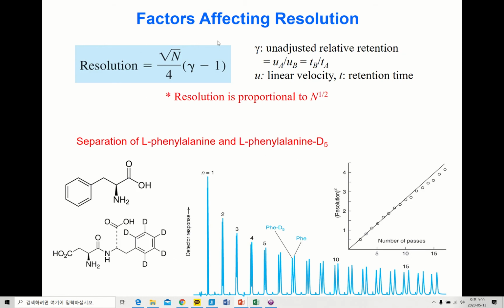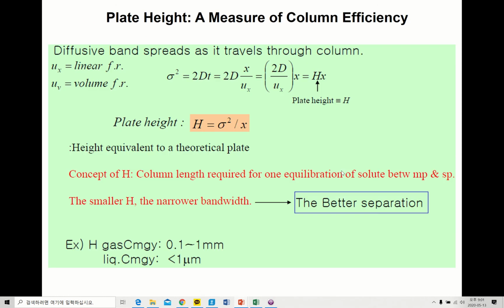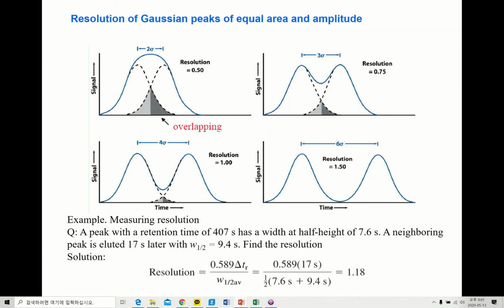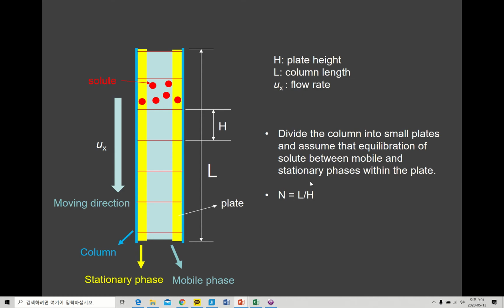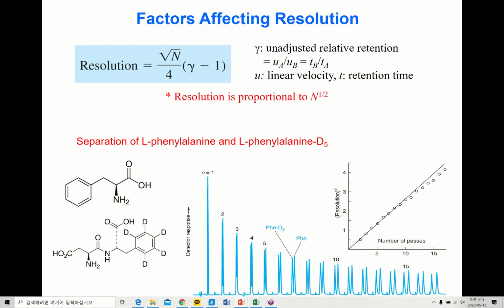Now let's consider the factors affecting resolution. This is very interesting. We've already considered the resolution here. Resolution was given by this equation. But now let's consider the factors affecting resolution.